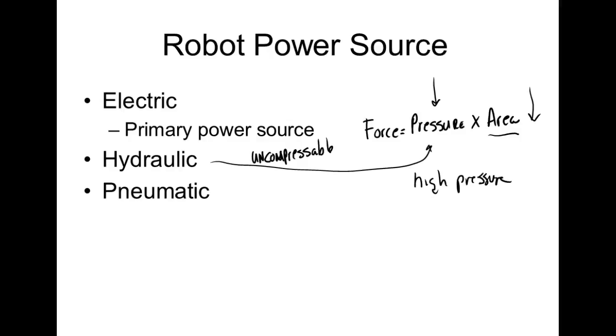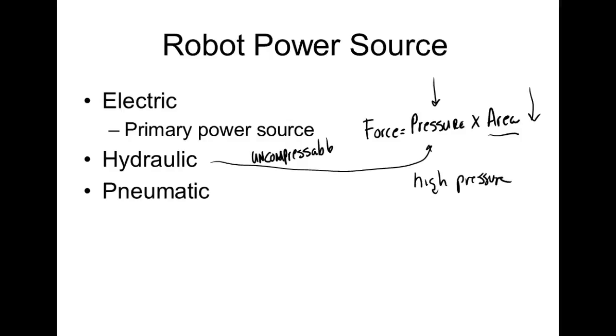As soon as I actuate it or put fluid into the pressure, if the flow of the liquid is smooth, then it's going to be smooth. I can control it since it's uncompressible. So we got two things that we're concerned with. We got how fast something moves, and then how much force we can generate.